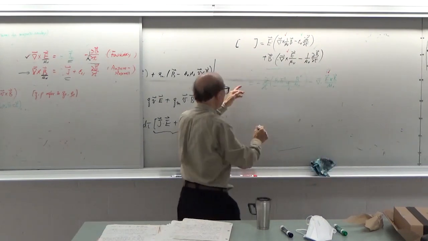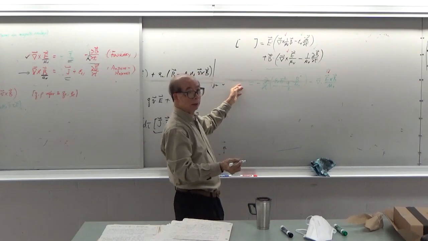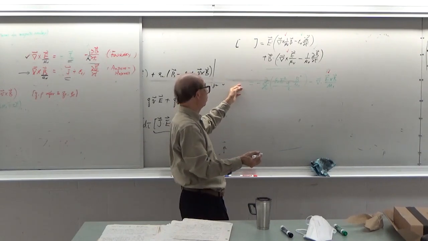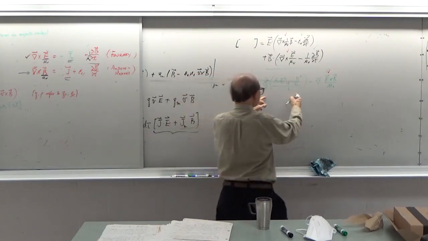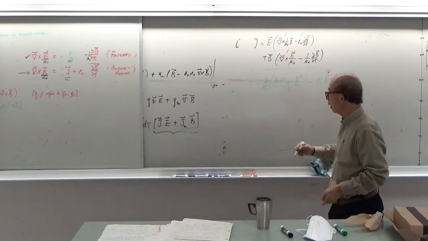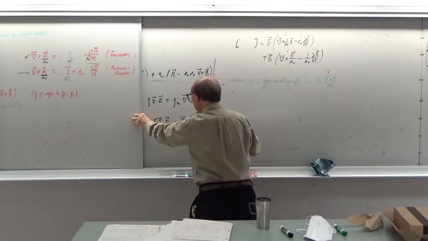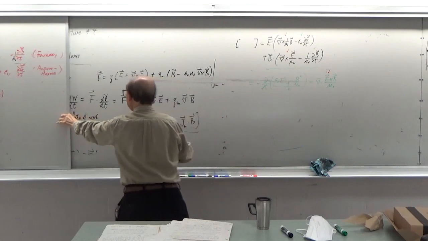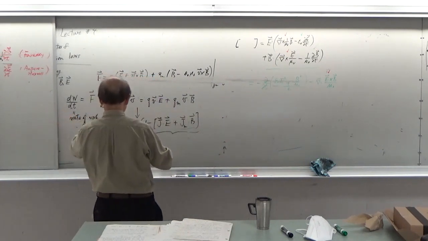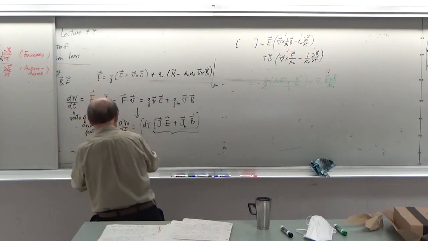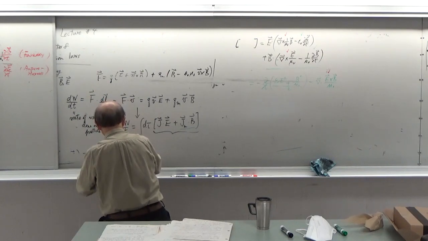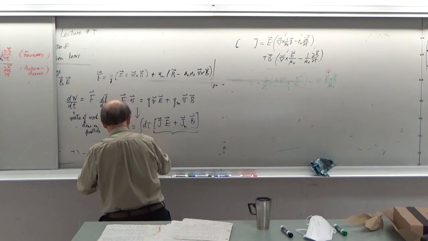So the rate of work done per unit volume by the field is given by this. And let me also write dW by dt as the volume integral of del U mechanical by del t.